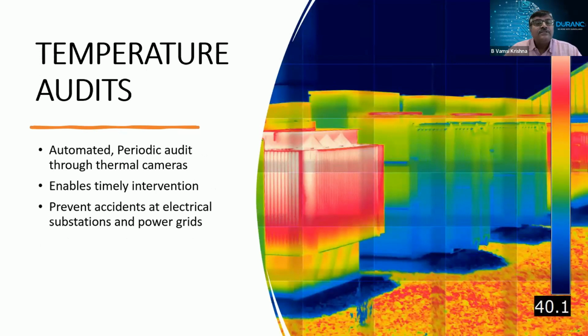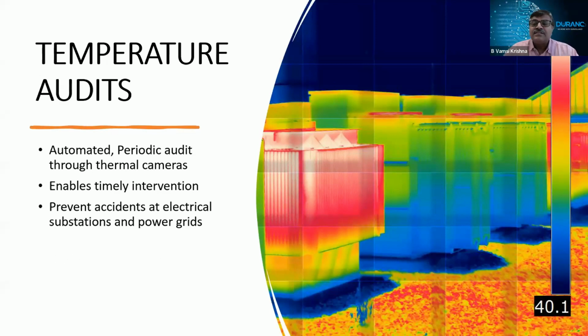Another aspect is temperature audits. Auditing the power equipment temperature is an effective way to prevent accidents at electrical substations and power grids. Normally this task is carried out by a qualified technician using a portable thermal vision camera to measure the IR emission intensity of the equipment and determine the heat rate.